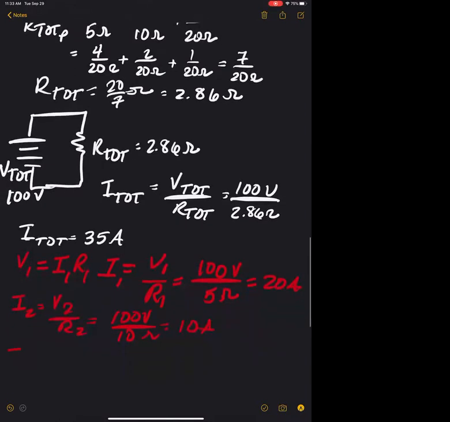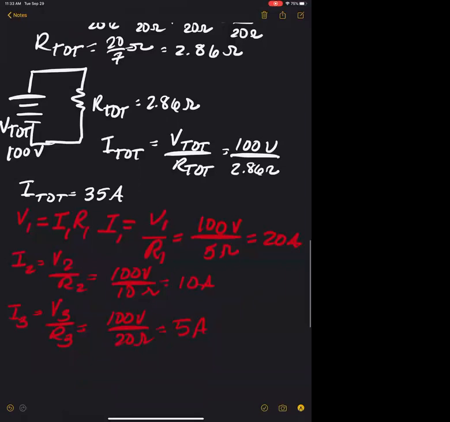And we'll do I3 is V3 over R3. And that is 100 divided by 20, which is 5. And these better all add up to I total, which is 35. And they do. So good. Okay, so that's a simple analysis of a series and parallel circuit.